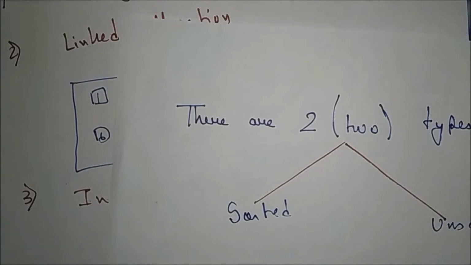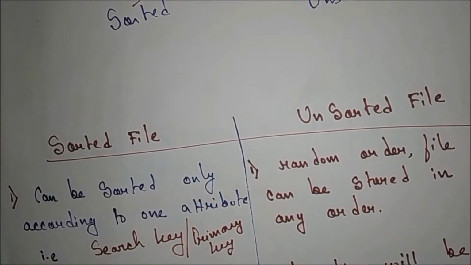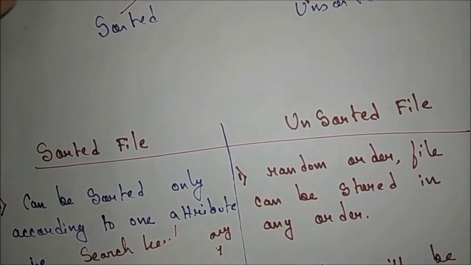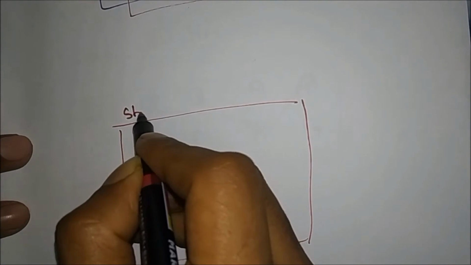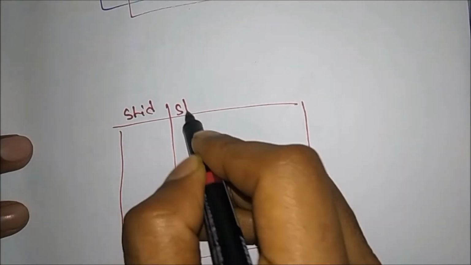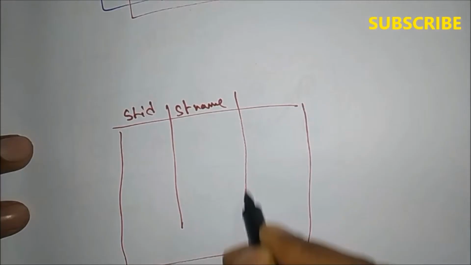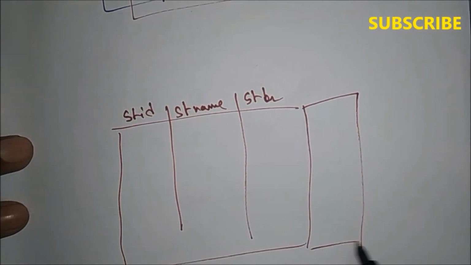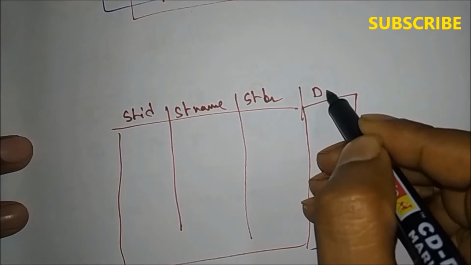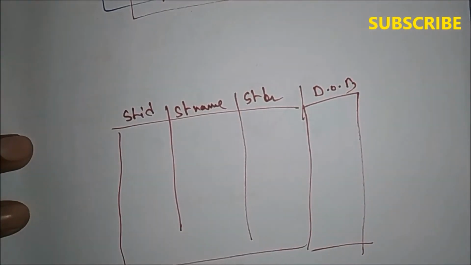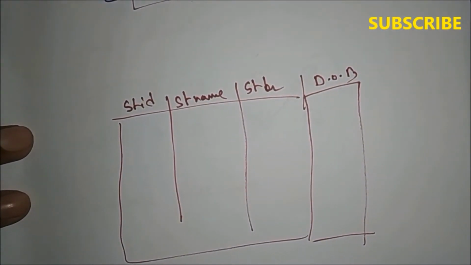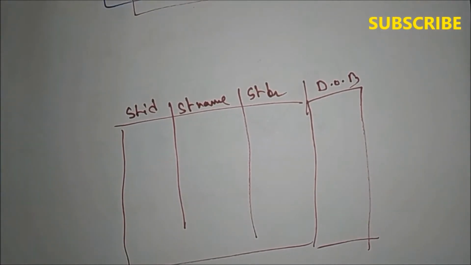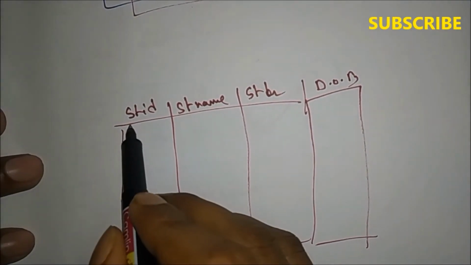Now for example, see, this is a table. Here we have student ID, student name, student branch, and date of birth. These are the attributes. There are 4 attributes in this table, and the table is sorted with a search key, meaning only one attribute.